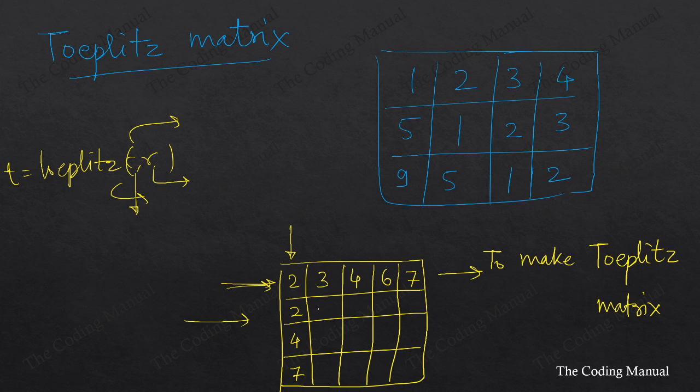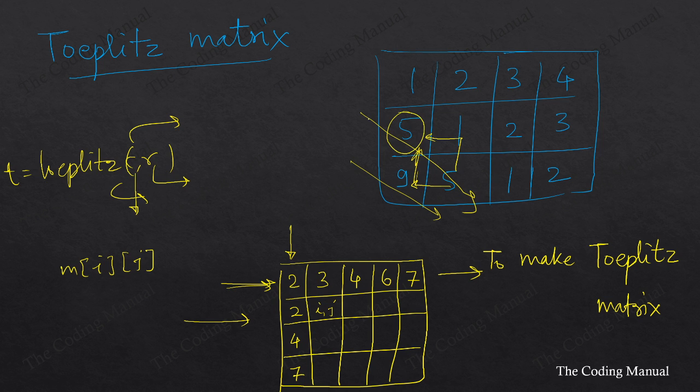to populate this particular element, suppose this is ij. To populate this M[i][j], since we know that every diagonal should have the same element, we go one back up and one back left, so one up and left.